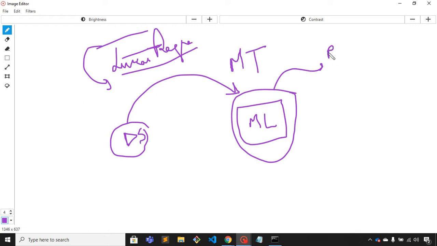We will be able to do the predictions. So the first step is to have a dataset, then we pass this dataset to the machine learning model, the next step is to train this model, and after that we will be able to do the predictions. This is what we're going to cover in the demonstration part.